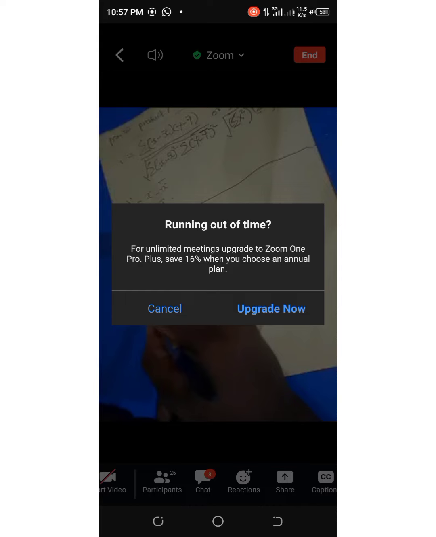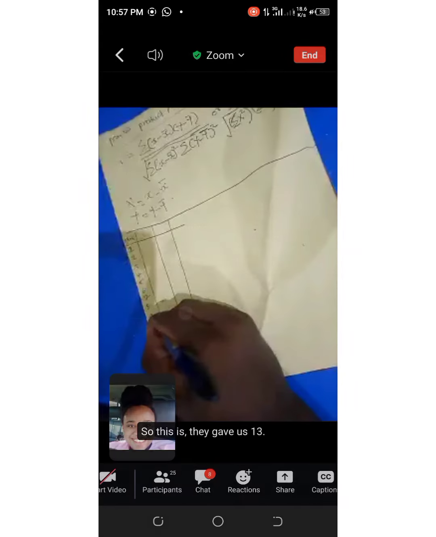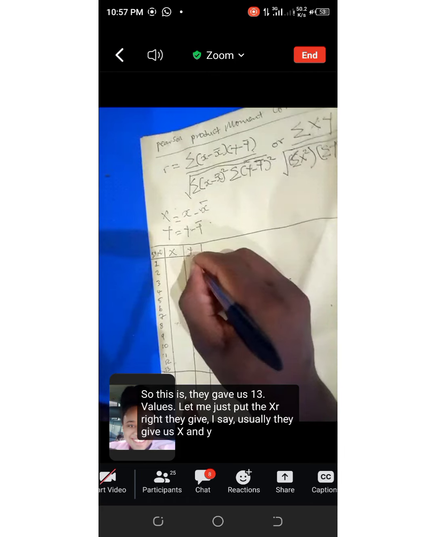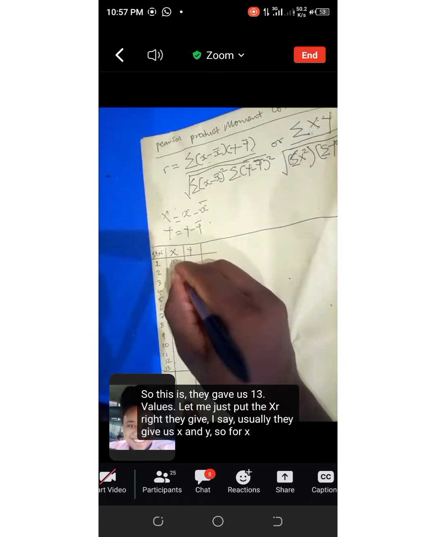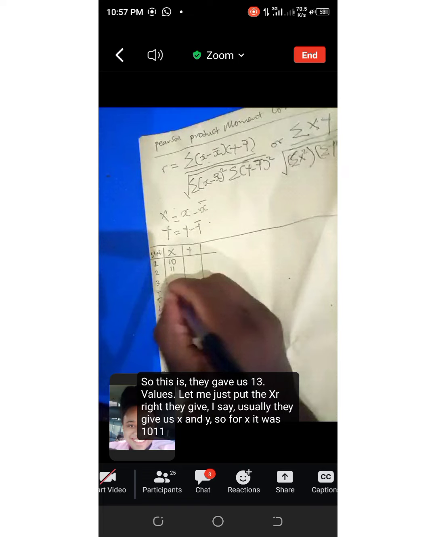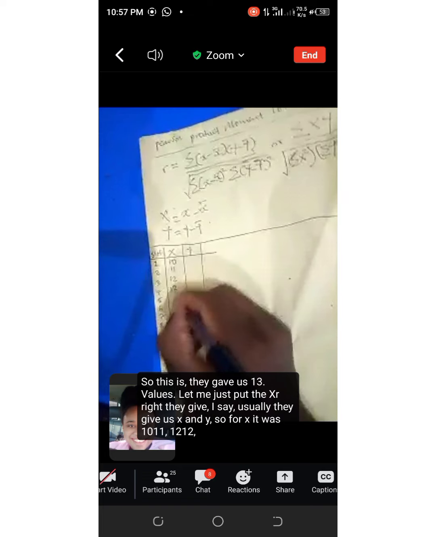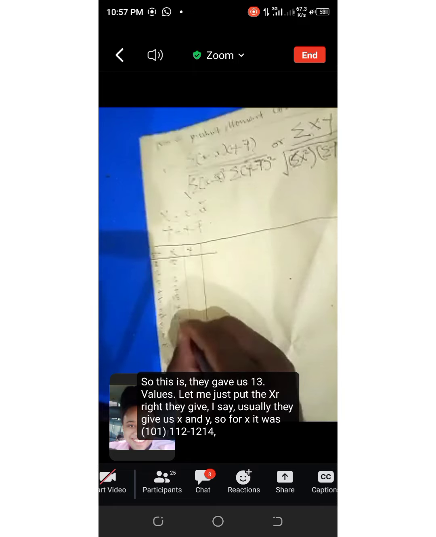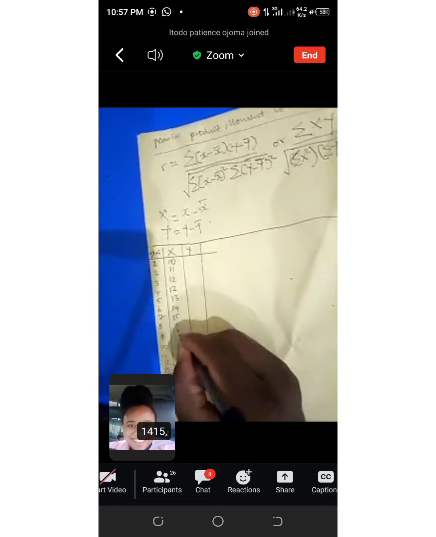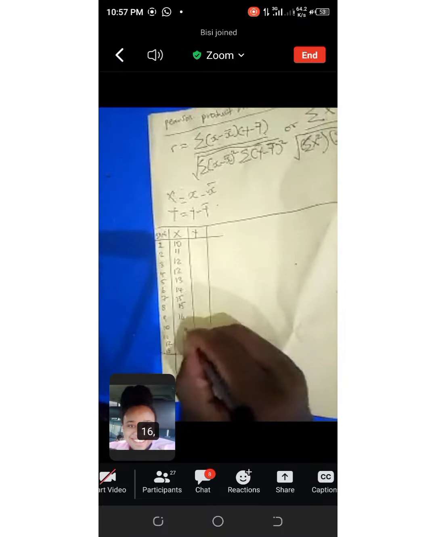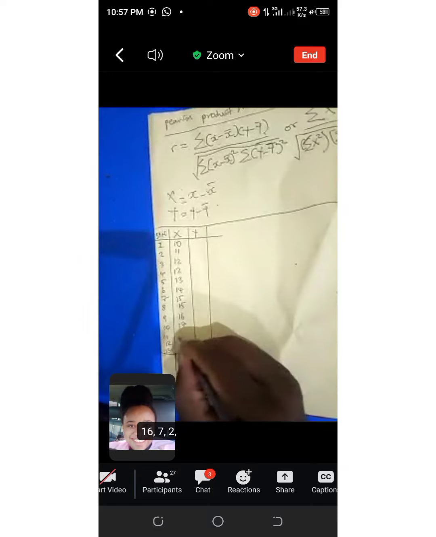Let me just put the x and y they gave us. So usually they will give us x and y. For x, they give us 10, 11, 12, 13, 14, 15, 15, 16, 17, 17, 18, 18.